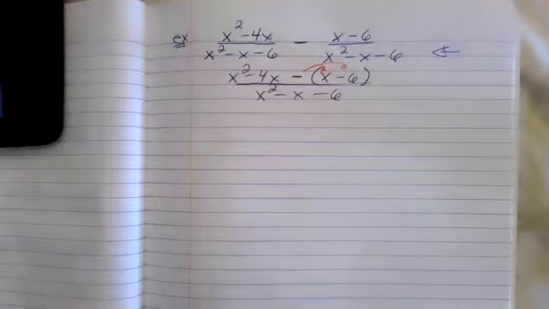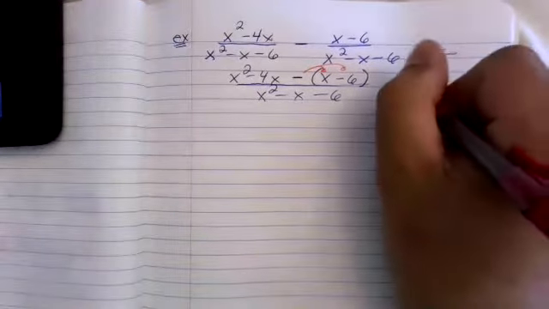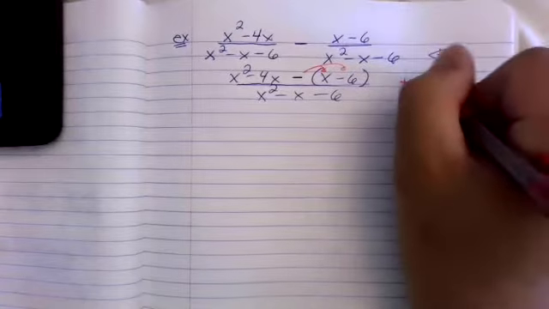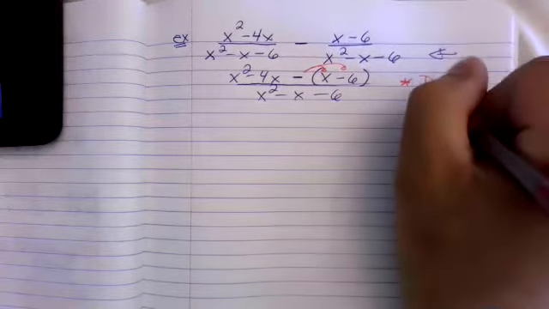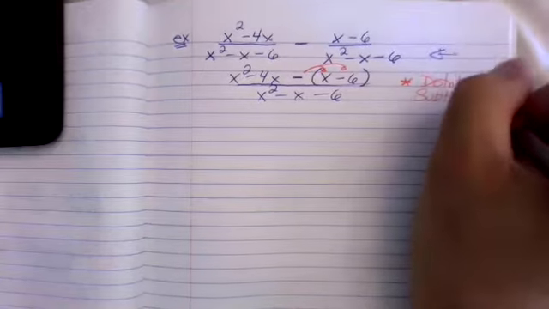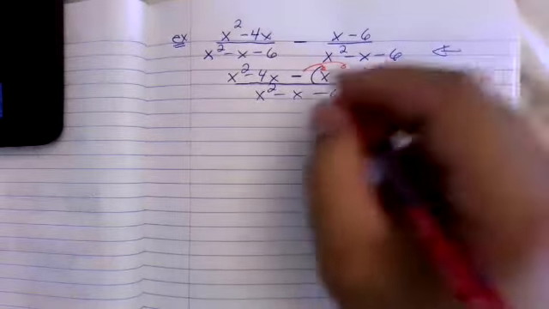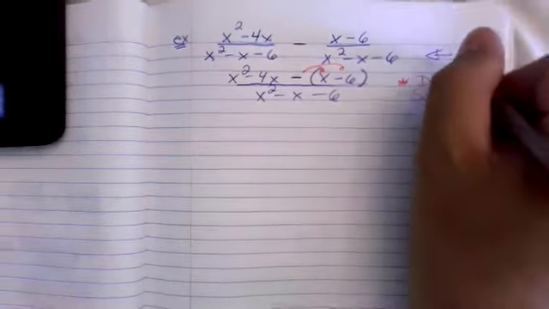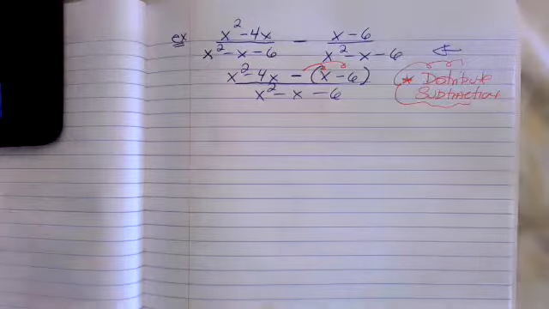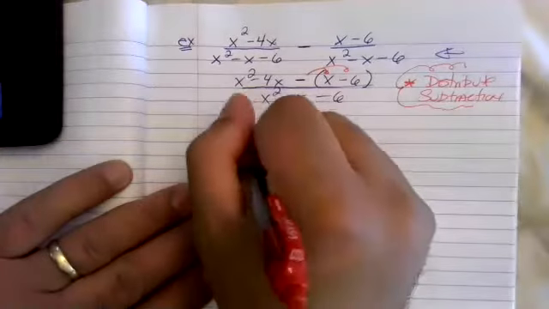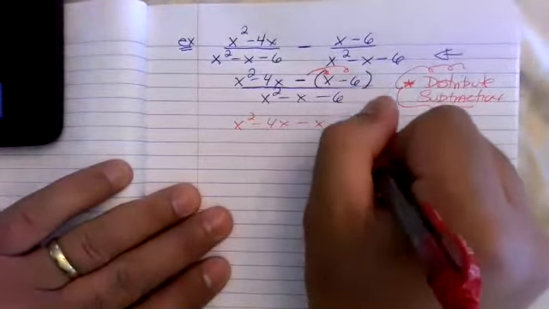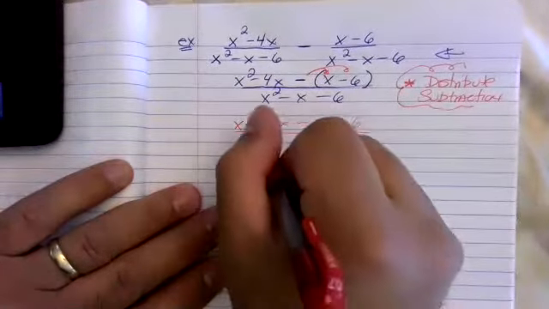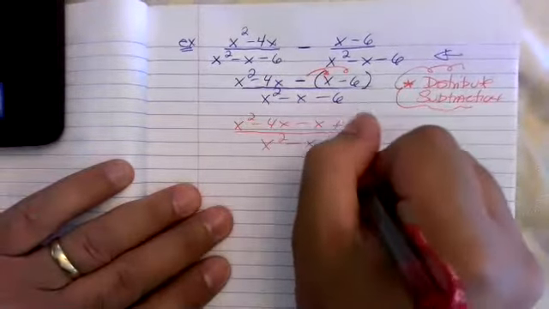That's the part that I said might be tricky. You have to remember to distribute your subtraction. You're subtracting all the values to the right. So this is really x squared minus 4x minus x plus 6, all over x squared minus x minus 6.